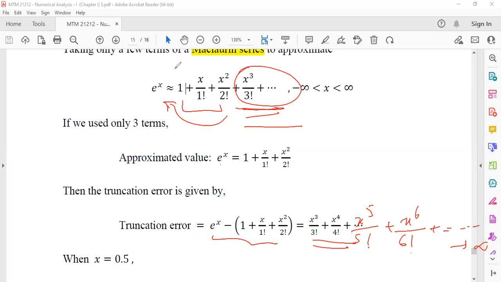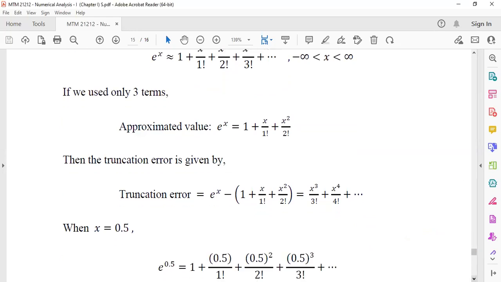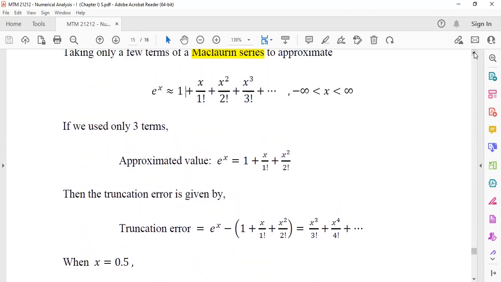Now, can you all try this one? Please write it down also. You don't have this in your notes, so you have to keep up with me. I don't want to show you the answer. Can you try? If x equals 0.5, what will be e to the x?